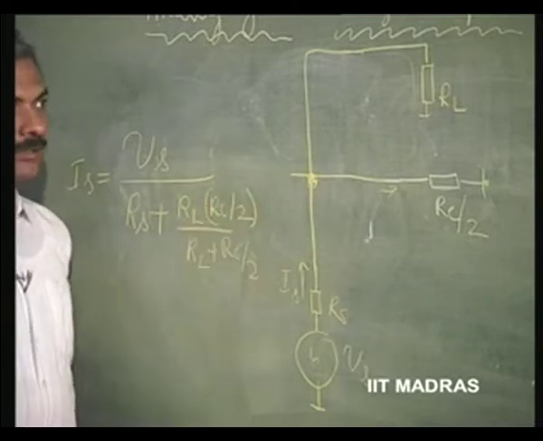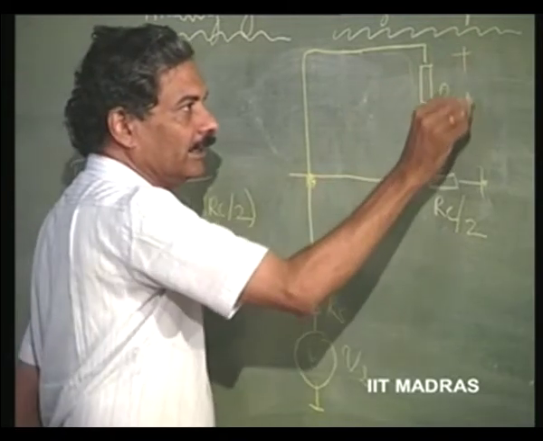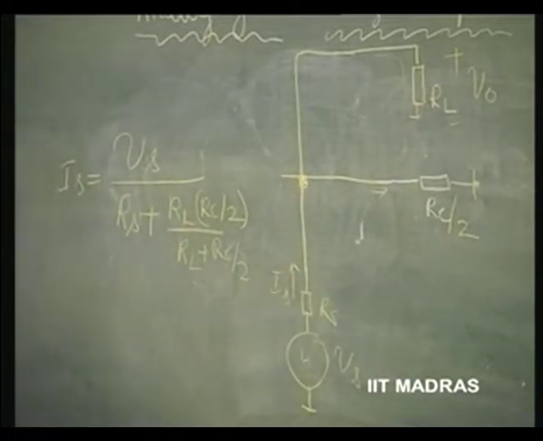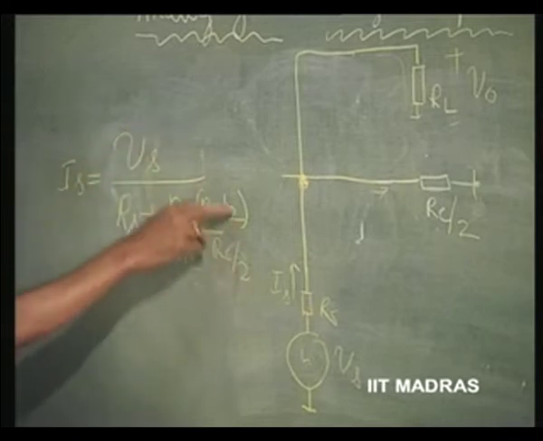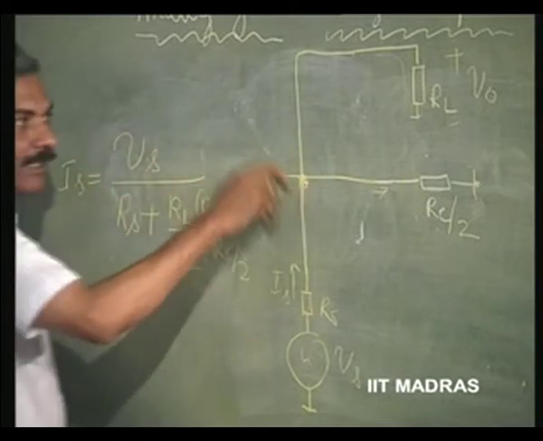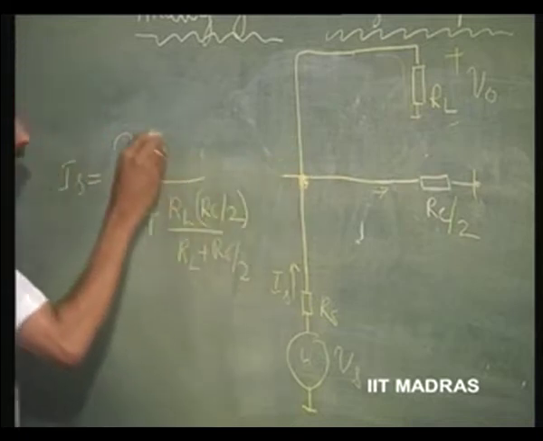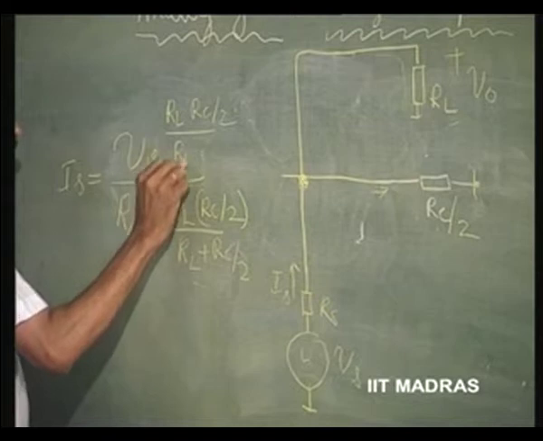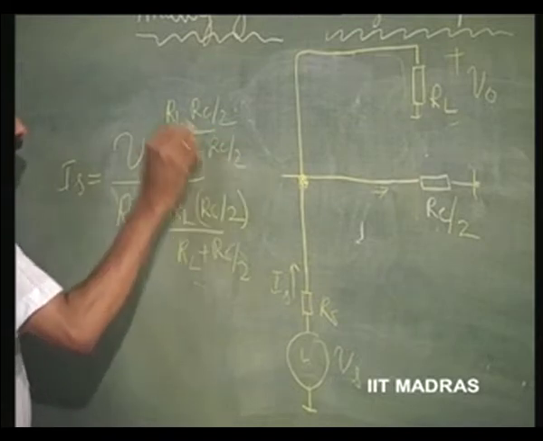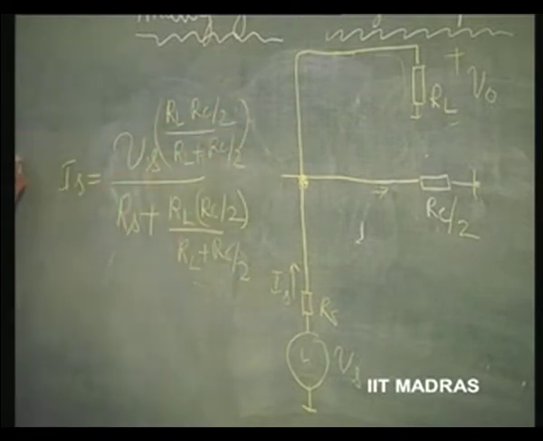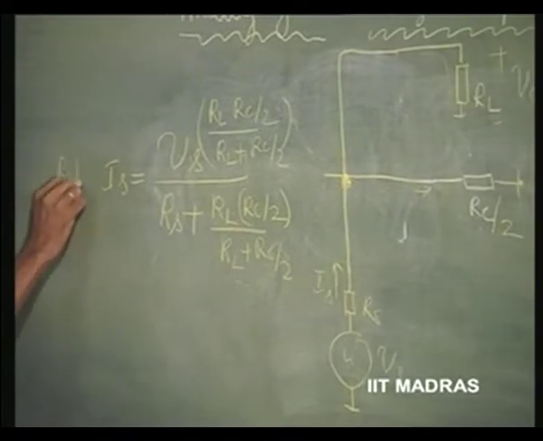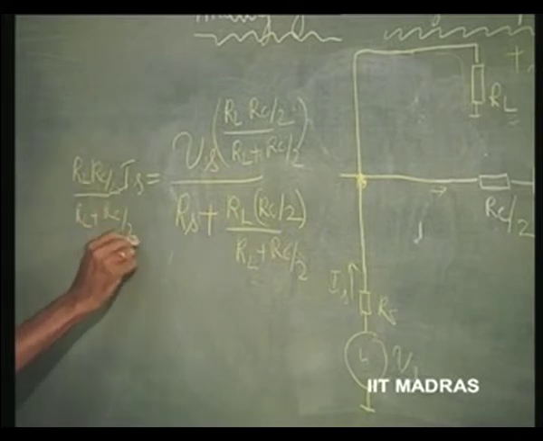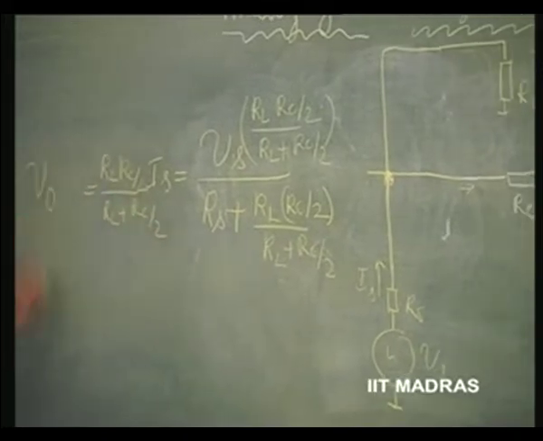This multiplied by, what is the signal voltage here? This is the V naught. Signal voltage is going to be therefore this current multiplied by the effective resistance, which is RL parallel Rc by 2, that is nothing but signal voltage.